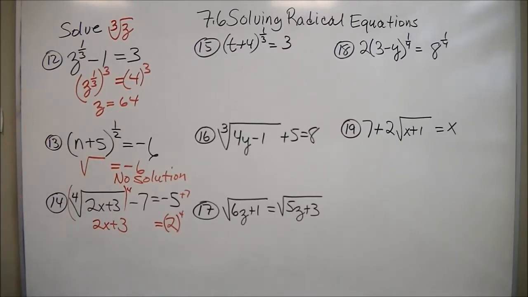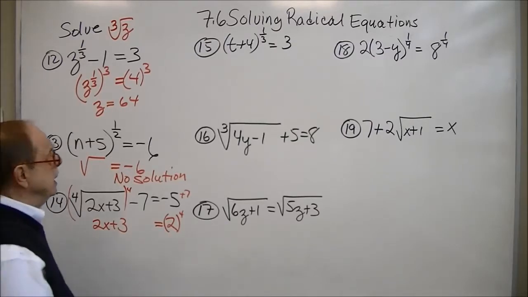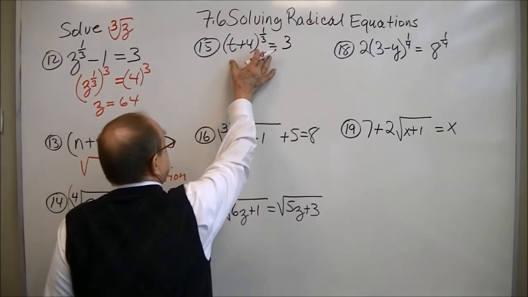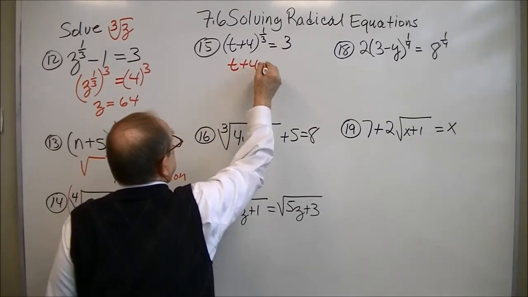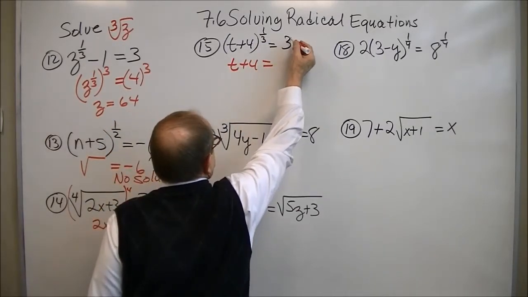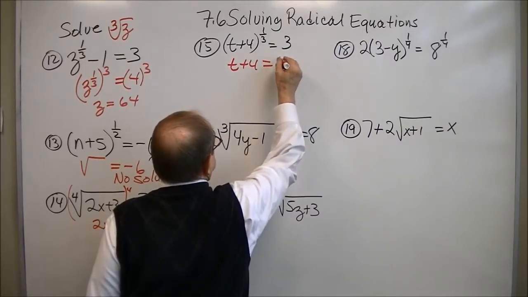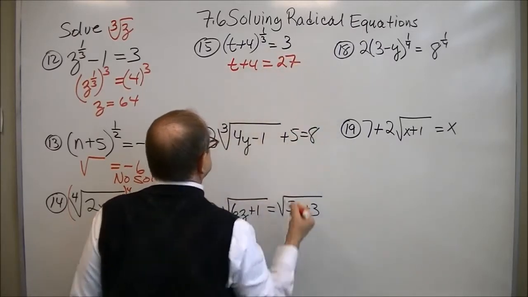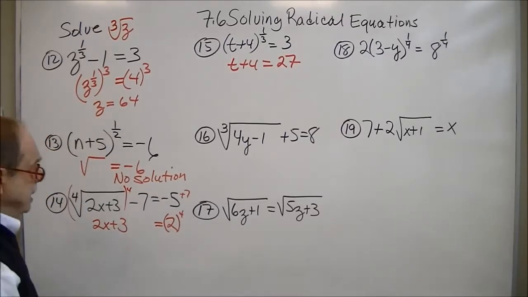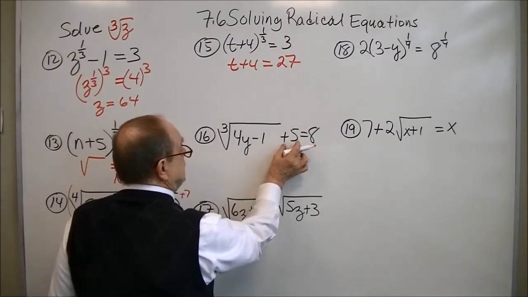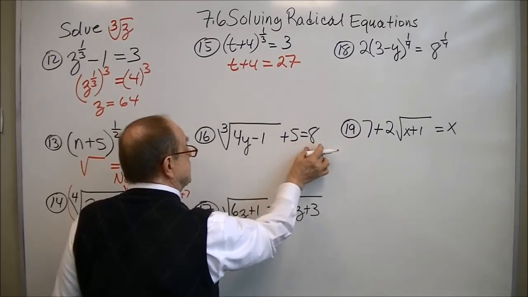Here we're going to work on solving radical equations. And again, this is to the 3rd power. This becomes t plus 4 equals 3 to the 3rd power is 27. Here we're going to subtract 5 from both sides.